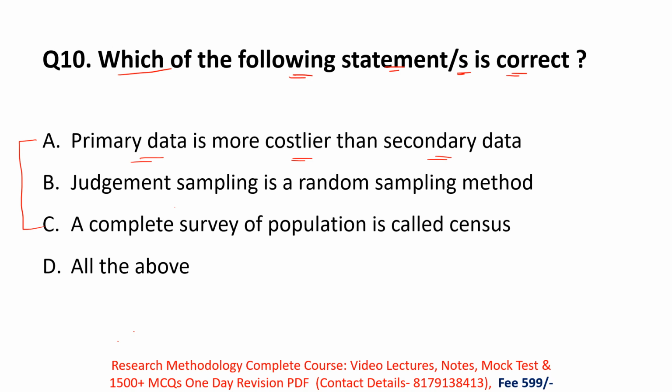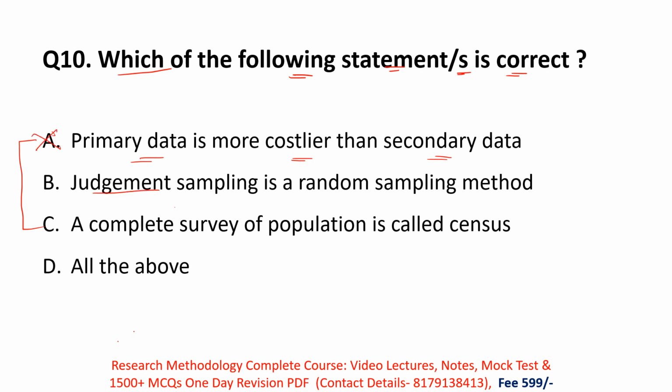No, it's not possible, because by performing an observation you can also collect primary data, and observation is not a costly method. It is a very cheap method. So primary data may be costly or cheap, not always costlier than secondary data. So here option A is incorrect.